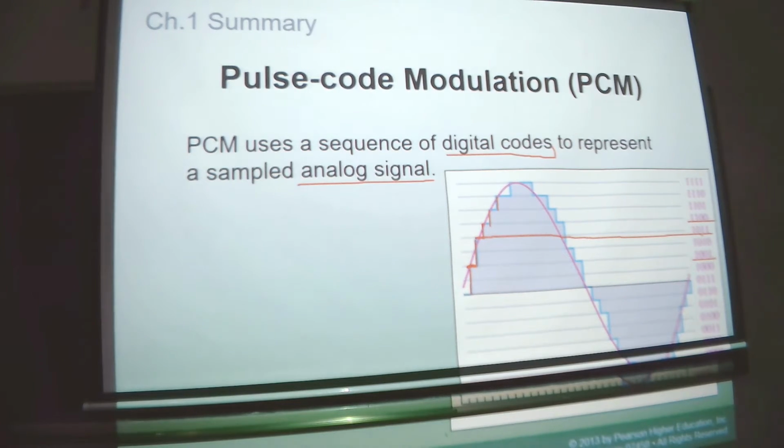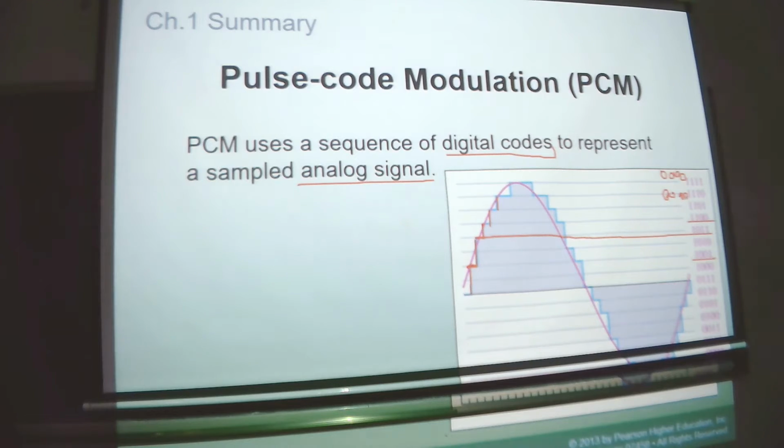We can also use 5, 6, 8 bits. The usual number is 8 bits, such as 0, 0, 0, 0, 1, 1, 1, 1. Otherwise, 1, 1, 1, 1, 0, 0, 0, 0.